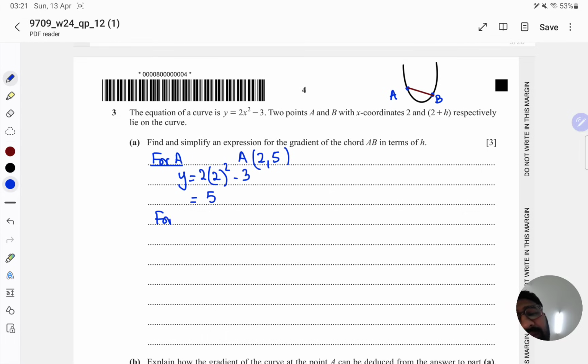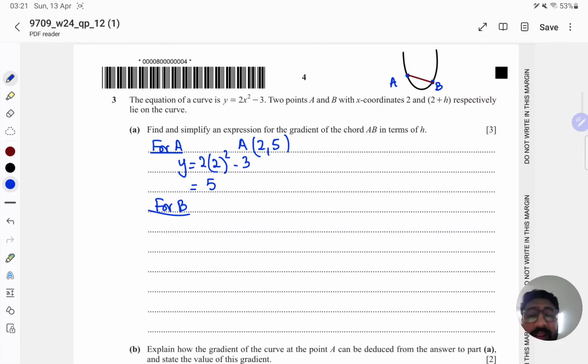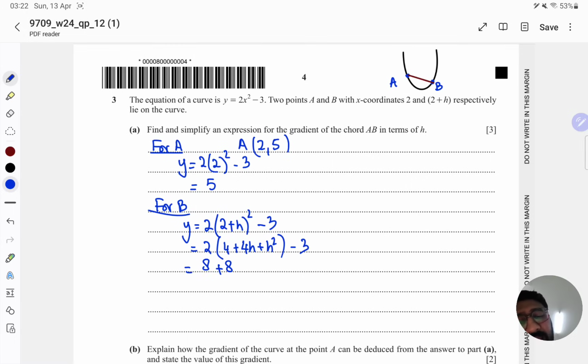Similarly, we will find the y coordinate for B. In the same equation, we will substitute the value of the x coordinate for B. We have to do the expansion, which is 4 plus 4h plus h square minus 3, 8 plus 8h plus 2h square minus 3.